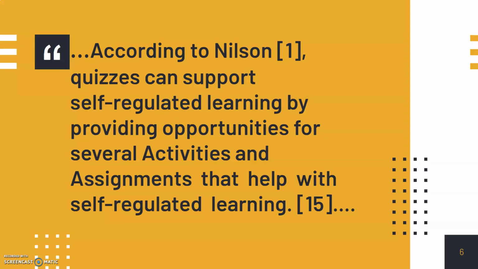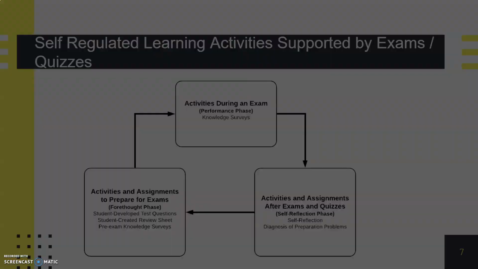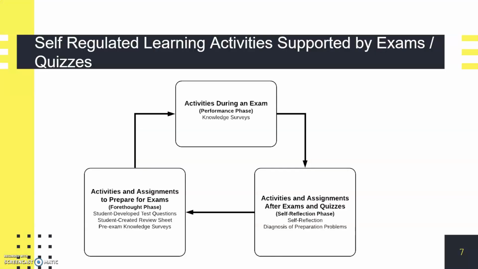Nielsen stated that quizzes can support self-regulated learning by providing opportunities for several activities and assignments that help with self-regulated learning. As examples, Nielsen identified student-developed test questions, student-created review sheets, and pre-exam knowledge surveys during the forethought phase.